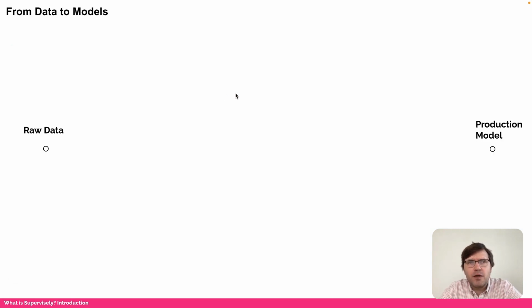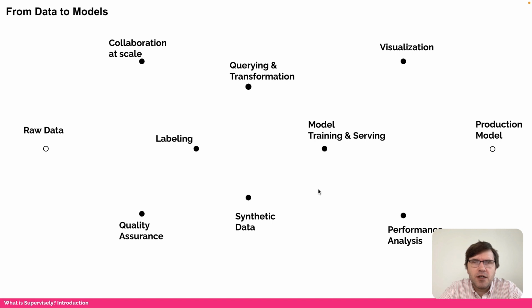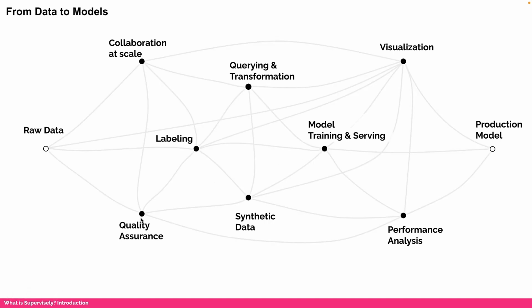From a very high level perspective, when we do computer vision projects, we go from raw data to production model or production models. But there are quite a number of intermediate steps or processes here, like labeling, model training, maybe quality assurance. And those processes are interconnected somehow.